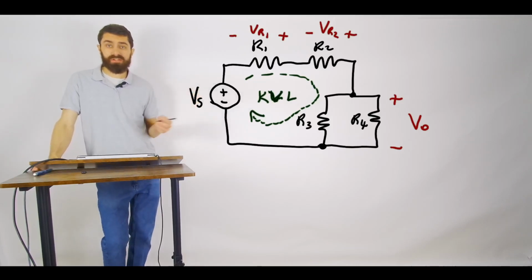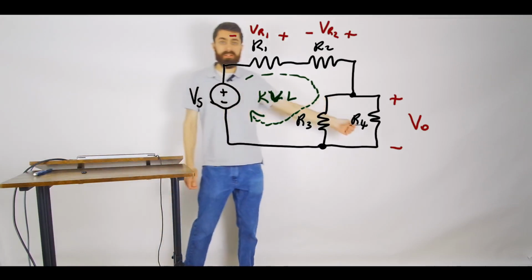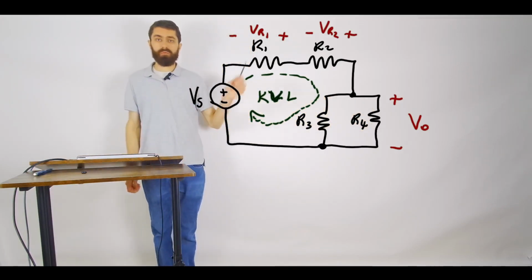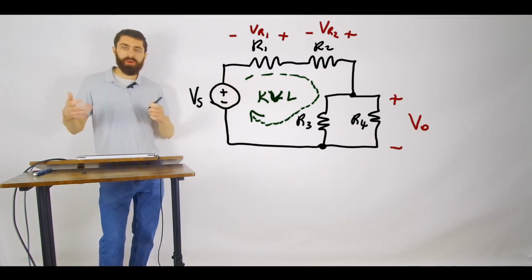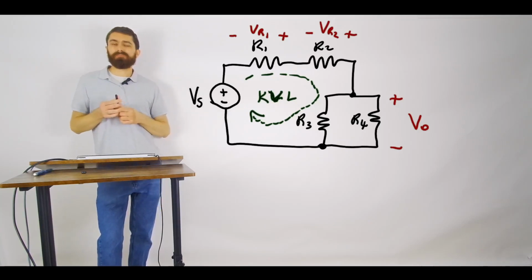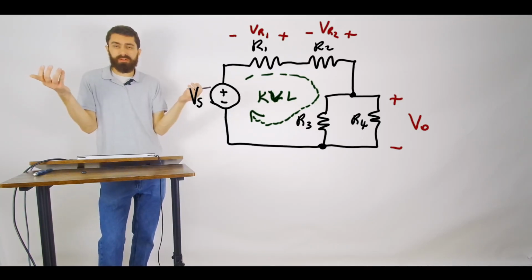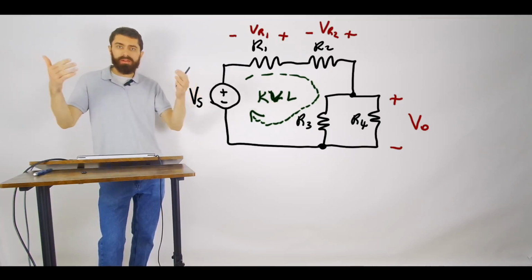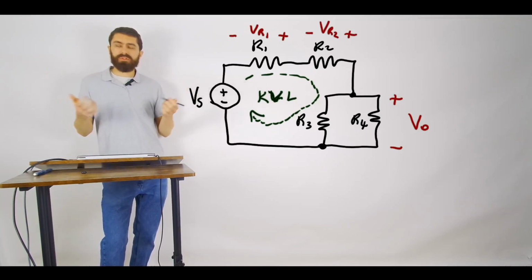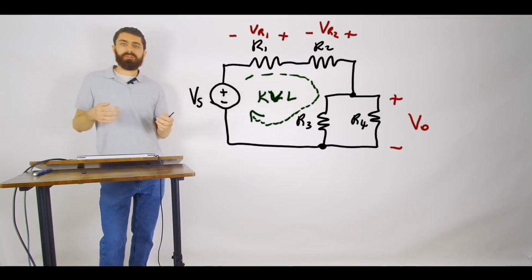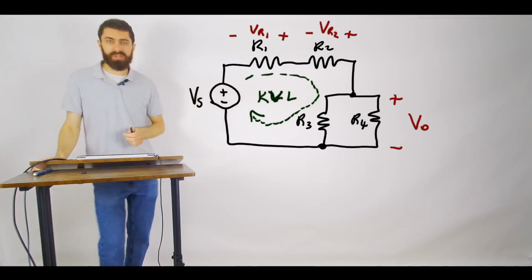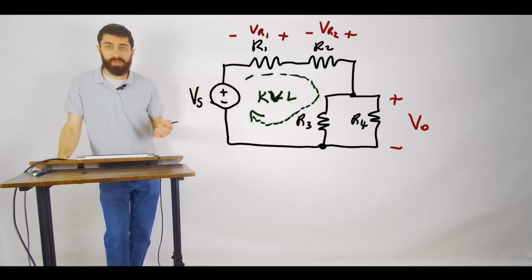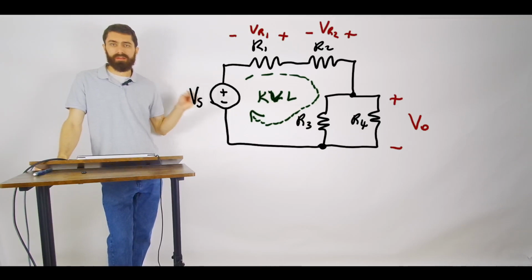That's part of the beauty of how all this works: you can assign a polarity, and if you solve for something and it ends up being negative, then you know it actually has the opposite polarity. In the end, all the math works out.